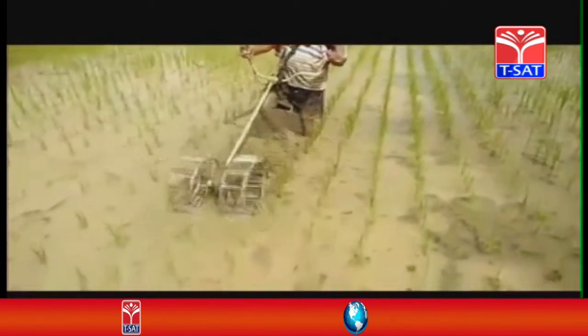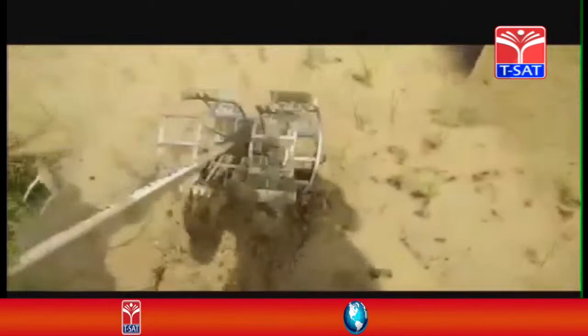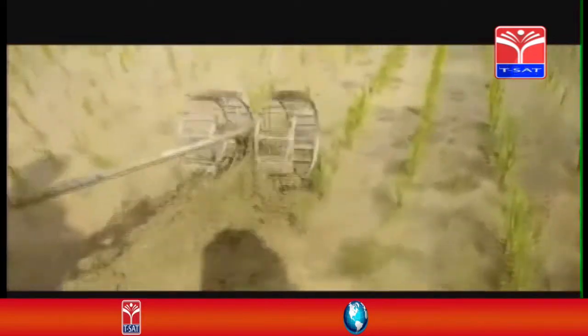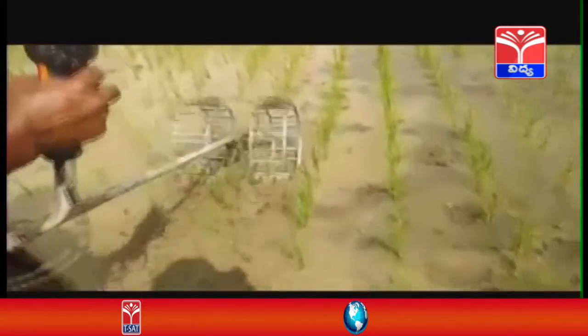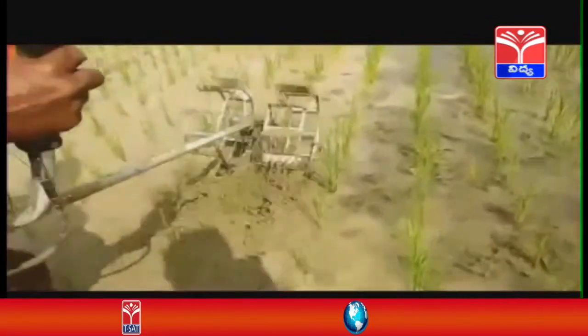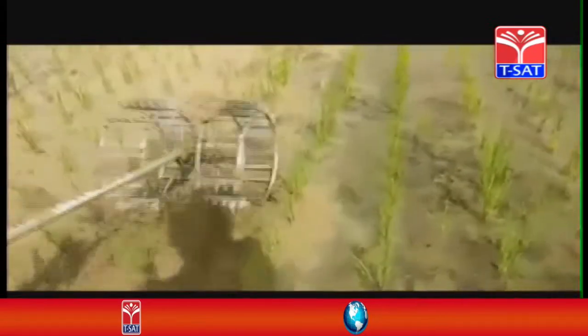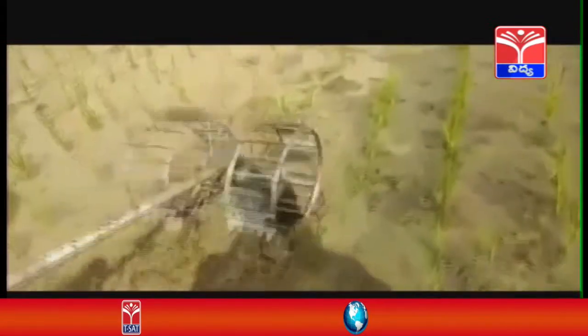They just move along the furrows, and like this he removes the weeds. Many laborers are not required, and money and time are also saved. So, nowadays this type of weeder is used to remove weeds. This is regarding the weeding process.